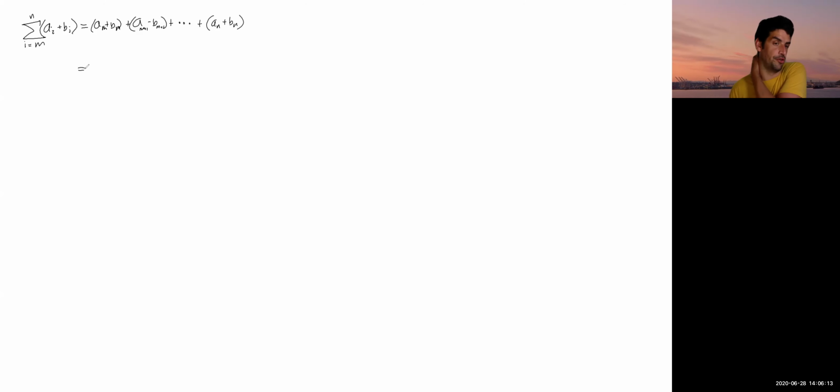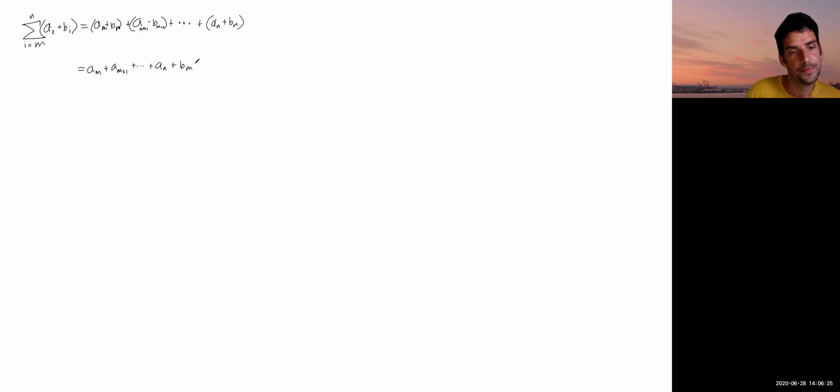Well, if we use the rules of addition, I can rewrite this as a sub m plus a sub m plus 1, right? I'm just reordering addition, which we know is possible, and then I can list all of the b terms up to n.